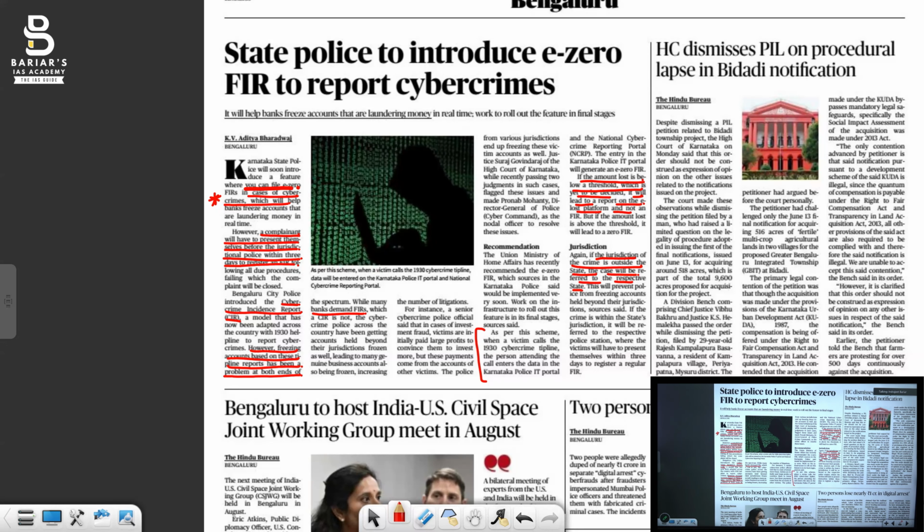But in that time, you are going to lose precious time in which the money trail can be lost altogether. So now you still have to be present there to get the FIR filed, but prior to that, you can report it so that police can take swift action. That's the difference. And now just by reporting, it will generate a FIR so that banks can act on it promptly.